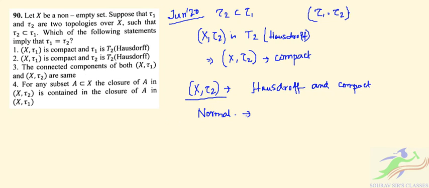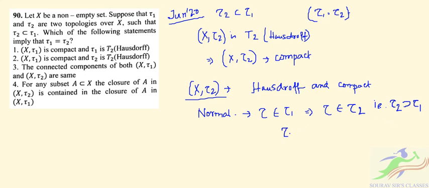This implies that tau is an element of tau 1, which also implies that tau is an element of tau 2, right? That is, tau 2 is a strict superset of tau 1.